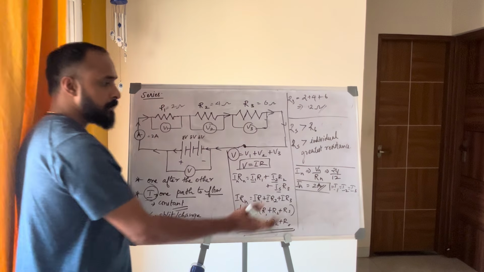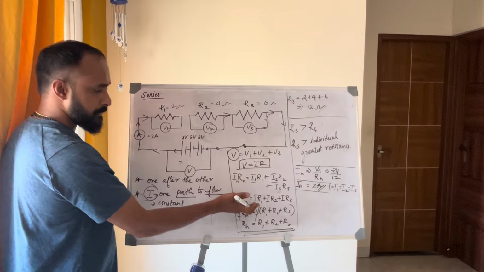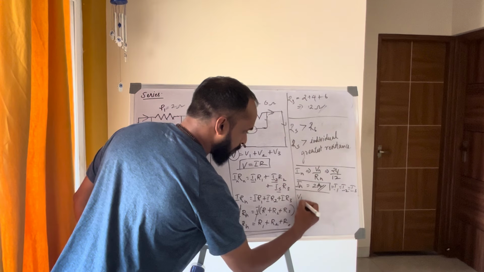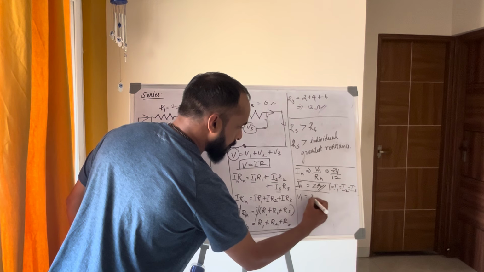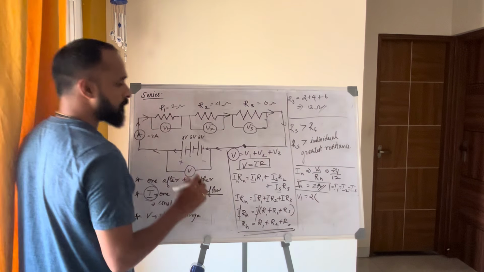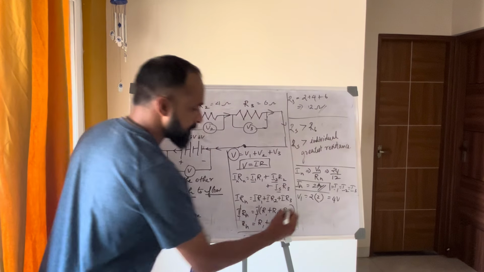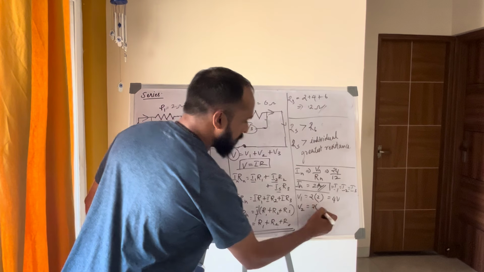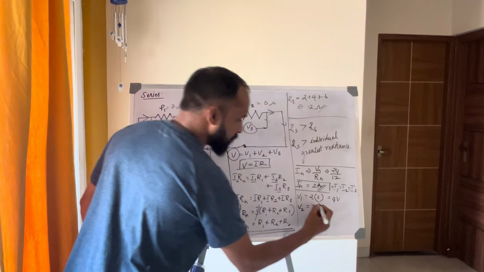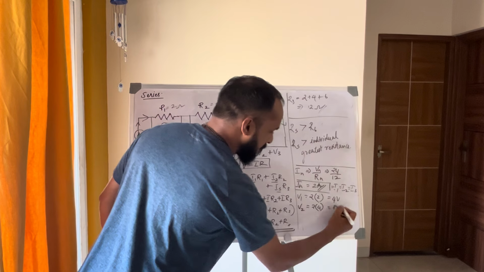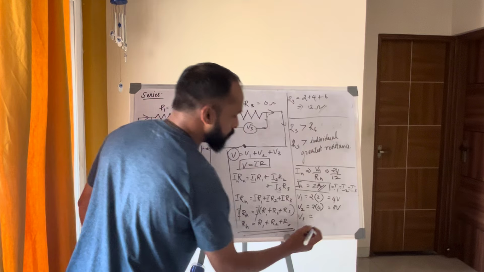That's it. Clear? Now I'll apply this logic here. For example, if I want V1, what is V1 equal to? I into R1. What is R1? 2. So 2 2s are 4. 4 volts. That's it. What is V2 equal to? I into R2. R2 is how much? 4. So 2 4s are 8. What is V3 equal to?